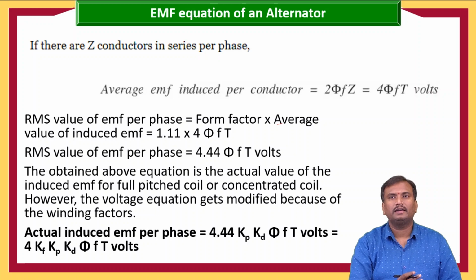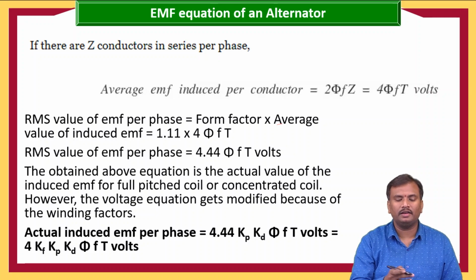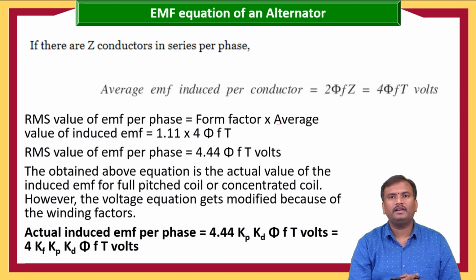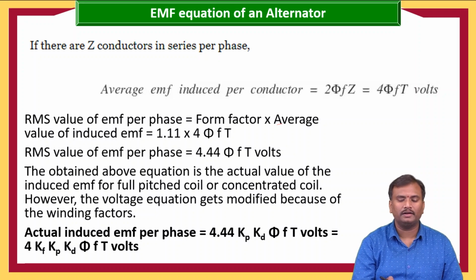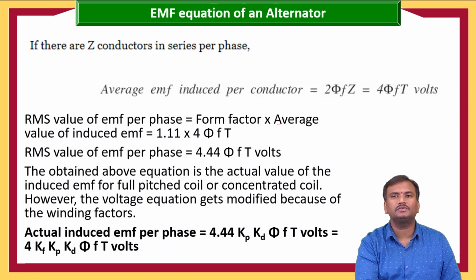This is the EMF induced. But because of the different windings which is having full pitched and concentrated coil winding, there are different factors we are going to have, that is pitch factor, distribution factor and form factor. So the actual induced EMF per phase is equals to 4.44 into Kp Kd phi FT.